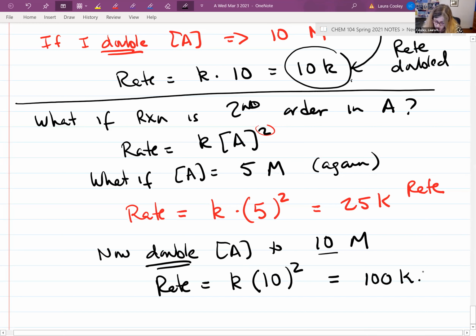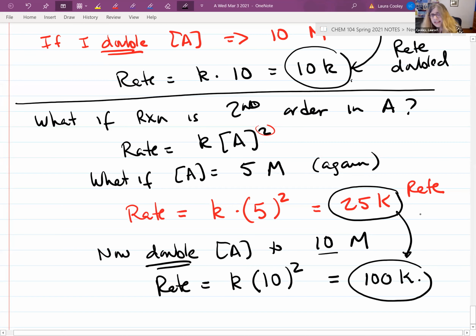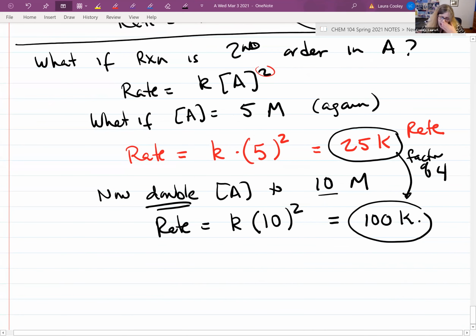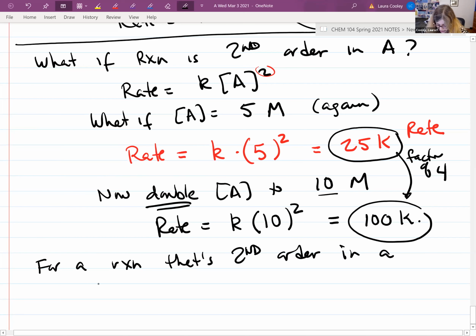All right, good. So I went from 25K to 100K. That is not a factor of 2. That's a factor of 4. So when you have a reaction that's second order with respect to a reactant, and you double that reactant, it quadruples the rate.